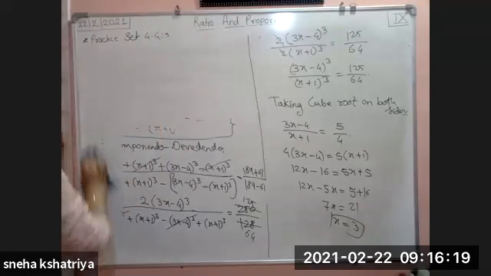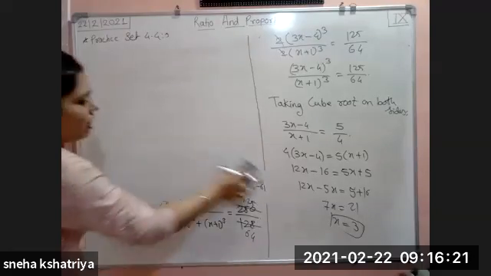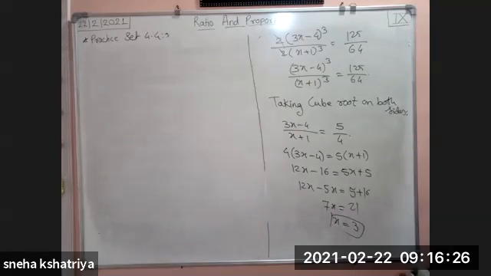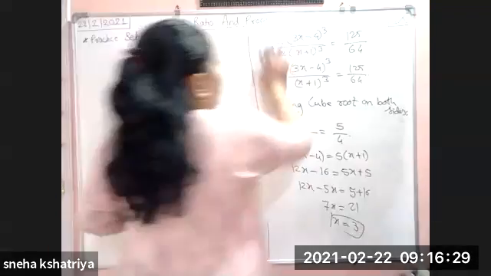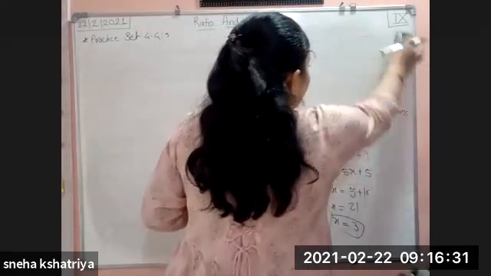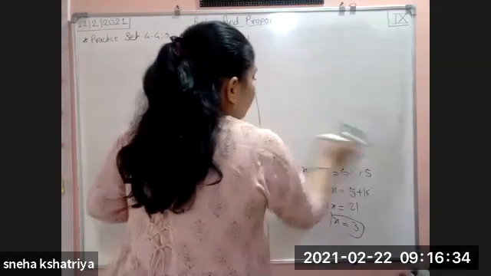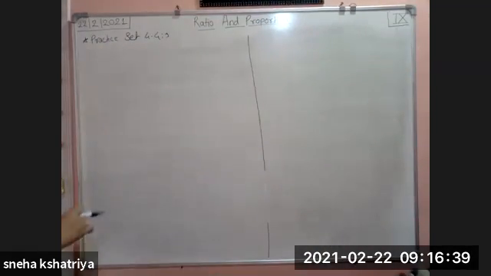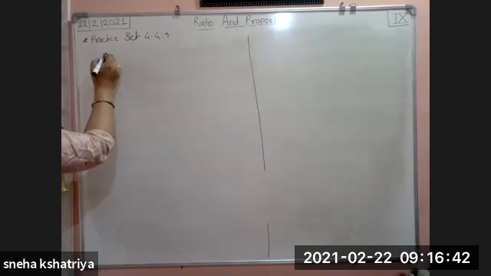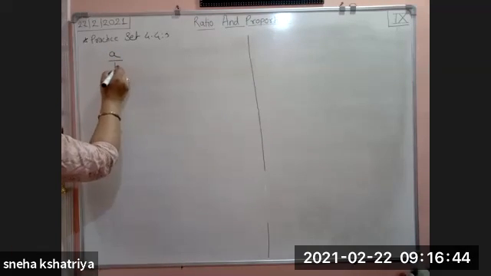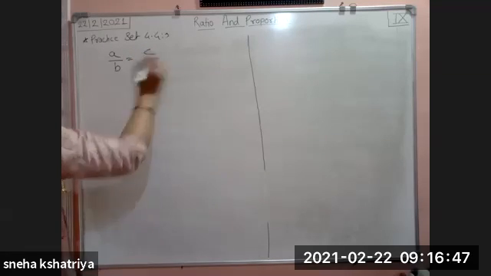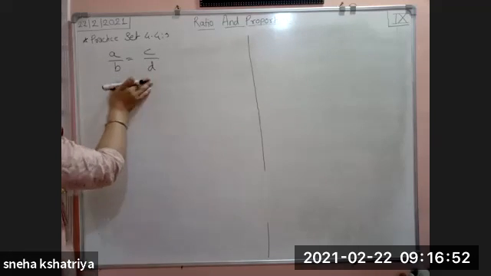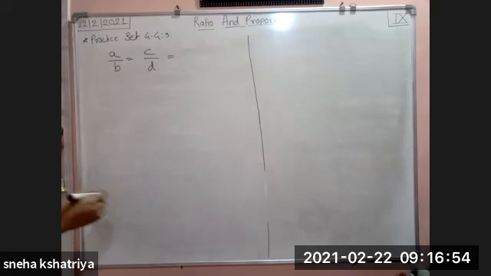We will see the next practice set, that is 4.4, which is based on a property, the theorem on equal ratios. What is that property? We will see, and we will start the examples, because we have already discussed the property in the last lectures. So we will only see that if two ratios are equal, a upon b is equal to c upon d, then the property says that their addition is also equal.